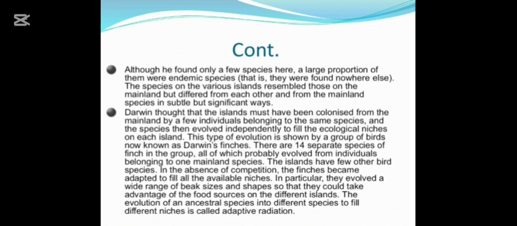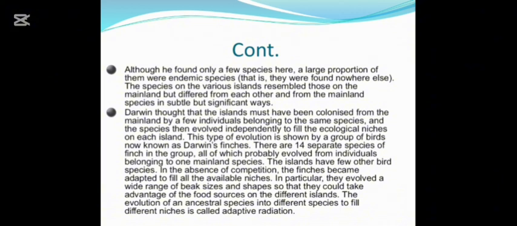Now, this type of evolution is shown by a group of birds known as Darwin's finches. There are 14 separate species of finch in the group, all of which probably evolved from individuals belonging to one mainland species. The islands have few other bird species, and in the absence of competition, the finches became adapted to fill the available niches.